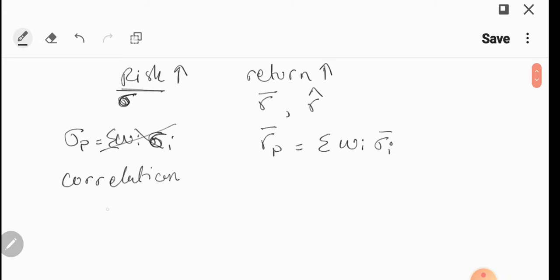Correlation usually is around 0.3 in reality, and if the correlation between two stocks is partial, you can actually reduce risk, but you cannot eliminate it.